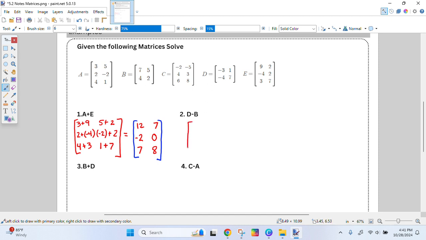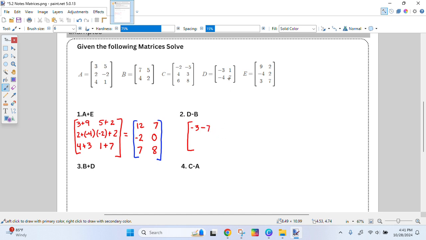So setting it up, I have my brackets. D is first here, so that's what we have to write first, especially in subtraction, where the order that we subtract in 100% matters. So negative 3 minus, and then B, 7.